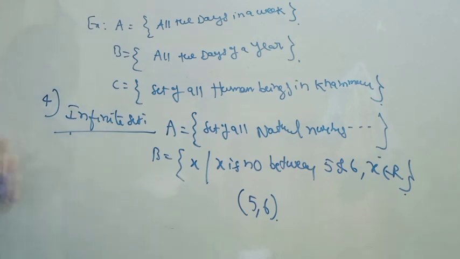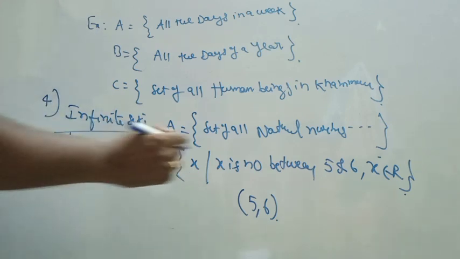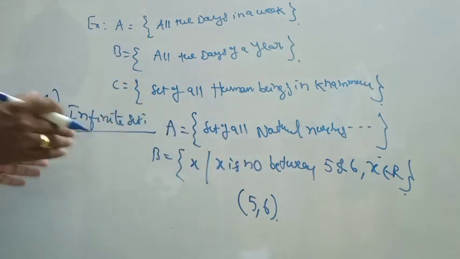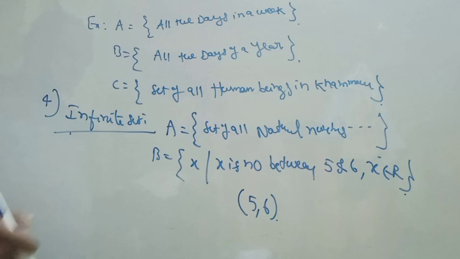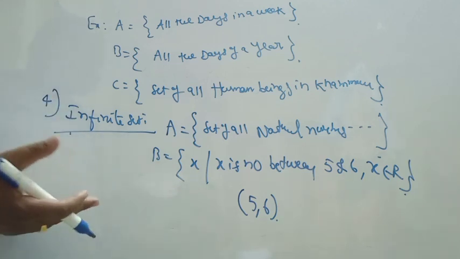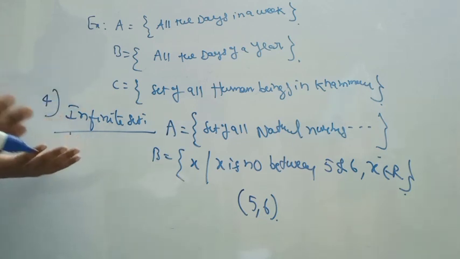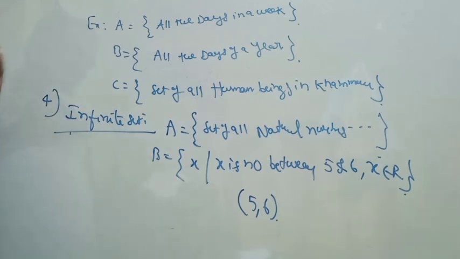Therefore, this is also an example of an infinite set. Like that, the set of all living creatures on this globe is infinite, because microorganisms like bacteria and viruses are uncountable. This is how finite and infinite sets are defined, right?